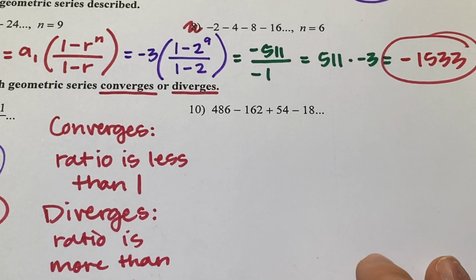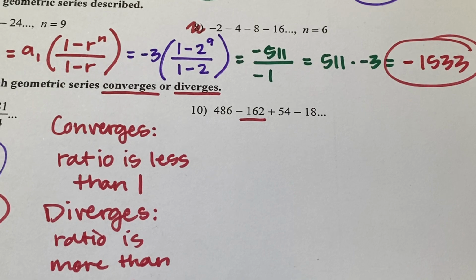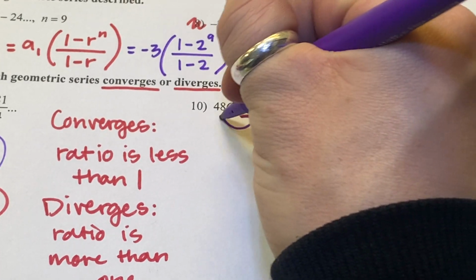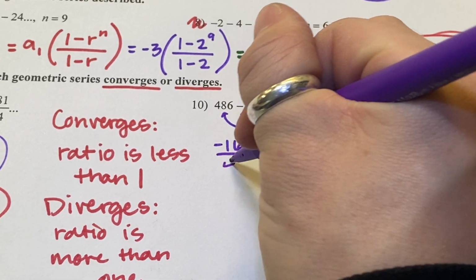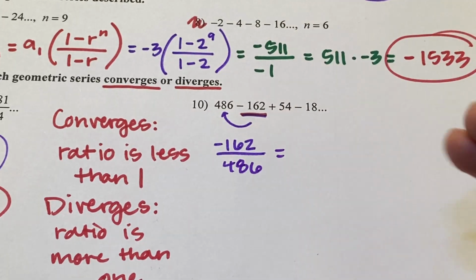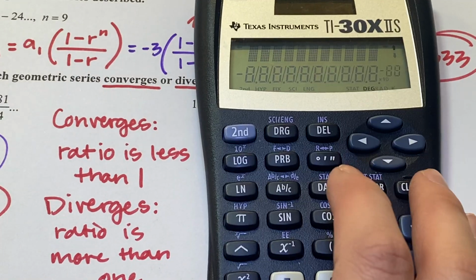Let's do that again. We take a term and divide it by the term in front, so negative 162 divided by 486. I don't really feel like reducing that, so let's just see what we get in decimal form.